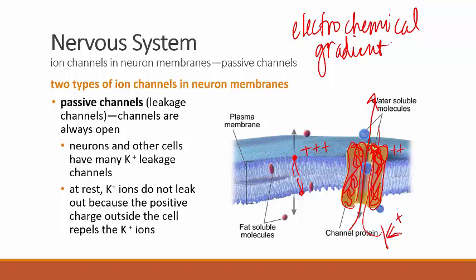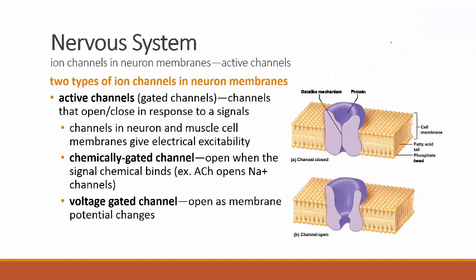Okay, so leakage channels are one kind of channel protein. The other kind are active channels, or sometimes they're called gated channels. And these are channels that open or close in response to some sort of signal.